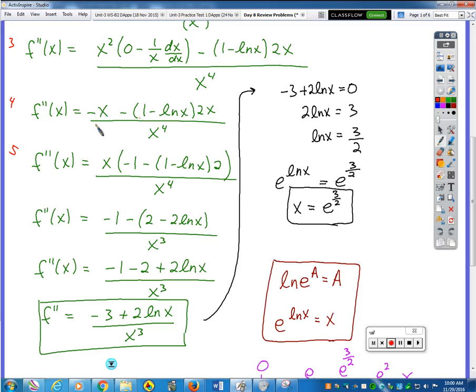The first term can be viewed as two factors multiplied together, a -1 and an x. With me? The second term is really three factors: 1 minus ln of x, 2, and x.